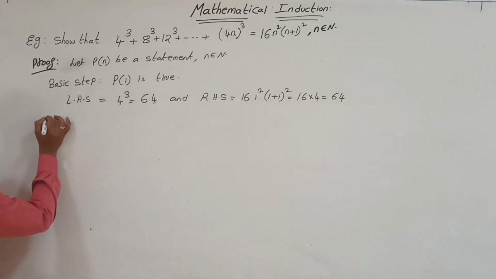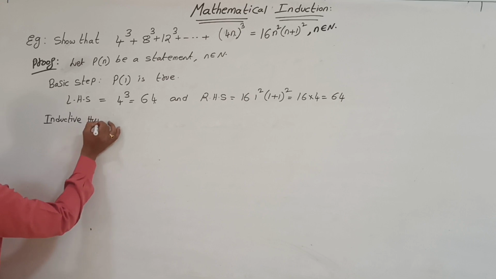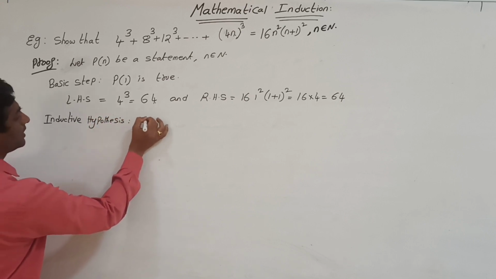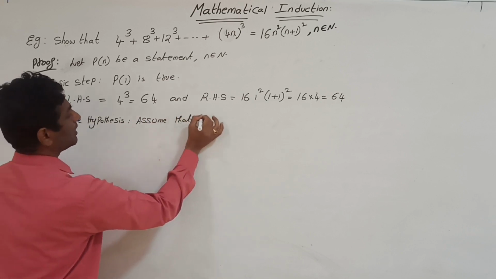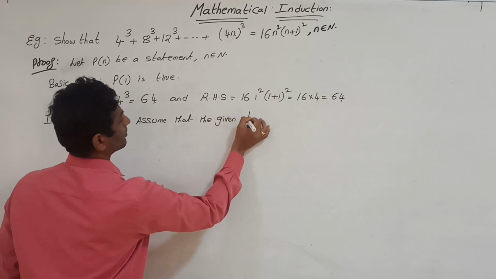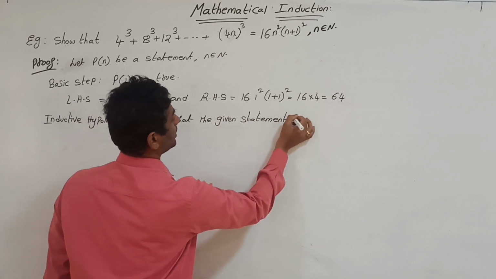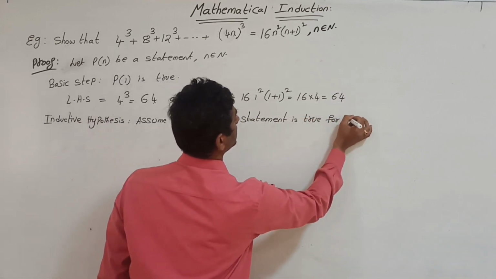Next, inductive hypothesis. Assume that the given statement is true for n is equal to k.